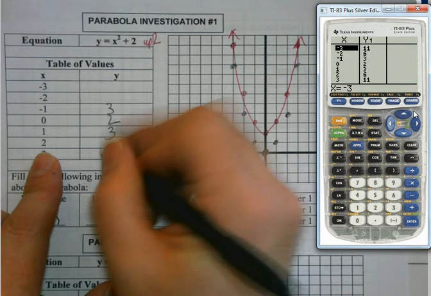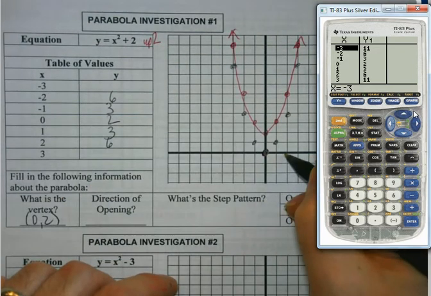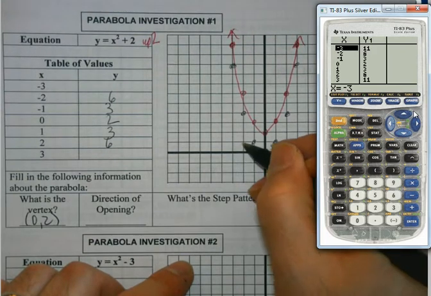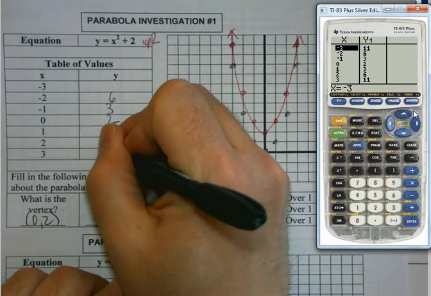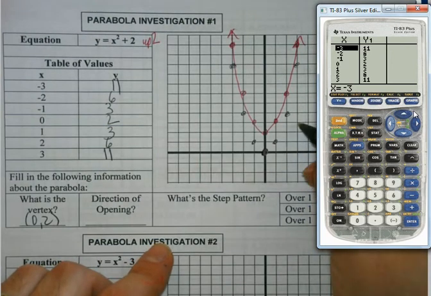My 2's, negative 2 and positive 2, are at 6. Let's see, 1, 2, 3, 4, 5, 6. Bingo. And I'm feeling pretty good now that these are going to be right. 3, am I all the way up at 11? 1, 2, 3, 4, 5, 6, 7, 8, 9, 10, 11.